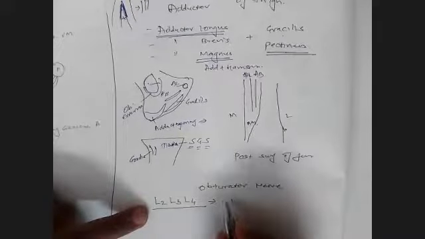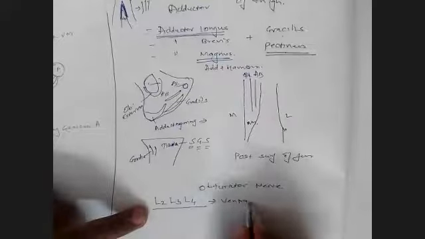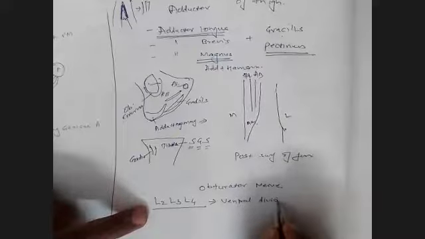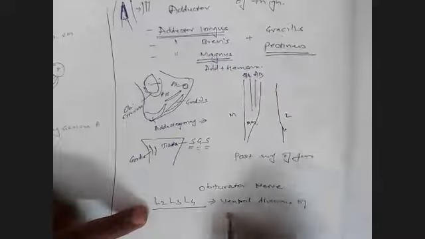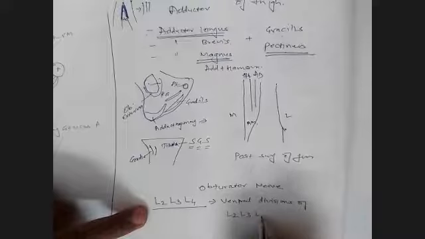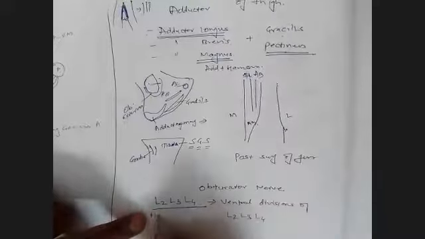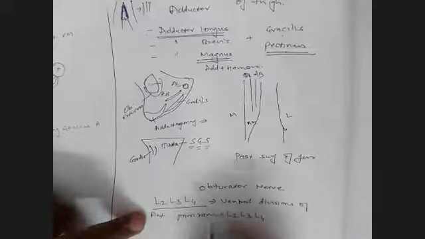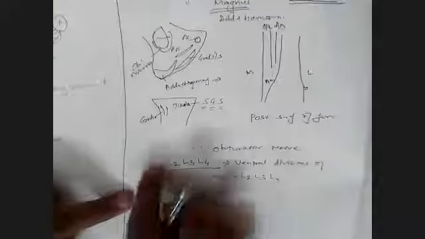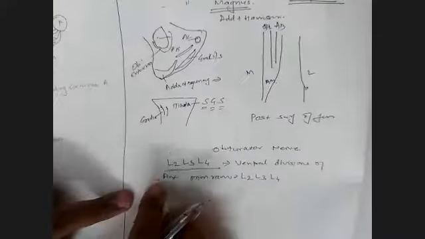The femoral nerve is from the dorsal divisions because it supplies the extensors, while the obturator nerve is from the ventral divisions of the anterior primary rami of L2, L3, and L4. So the nerve supply of all these muscles is by the obturator nerve.